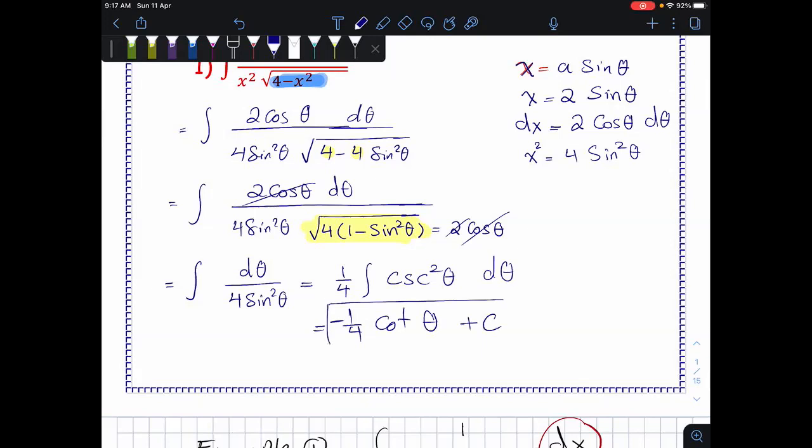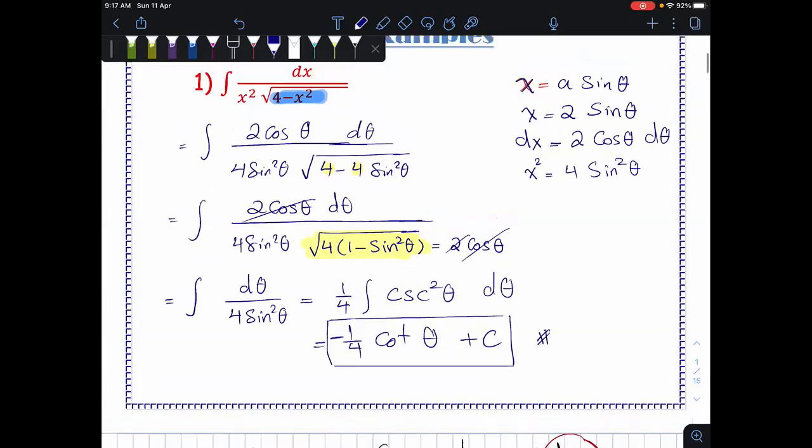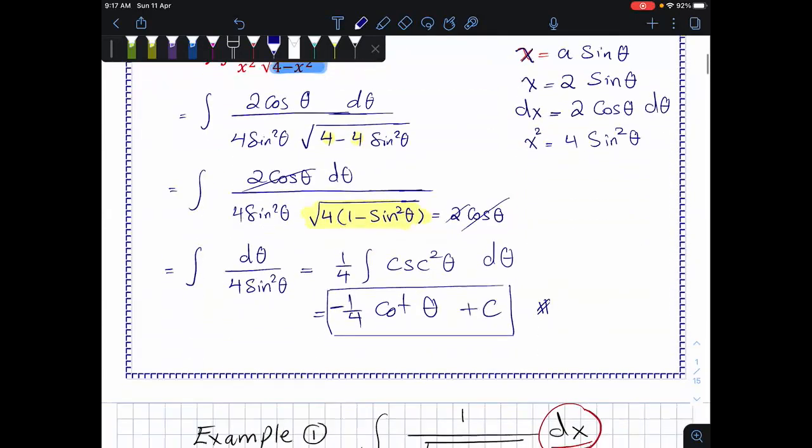Now we will find the value in terms of x. Don't forget, guys: if you have a paper and pencil test and you leave your answer in terms of theta when the question asked in x, you will get a mark but not the full mark. You have to draw the right triangle.